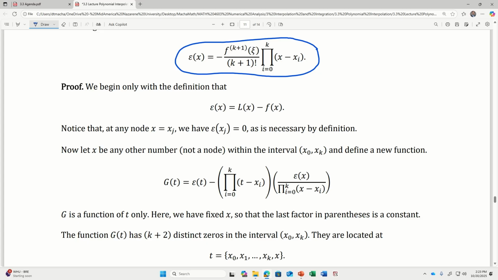Okay, now we're going to assume that x is any other number, so we're not at a node, and it's in the interval between the least and the greatest node, and define a new function. This is my new function that I'm defining just for the sake of this proof.